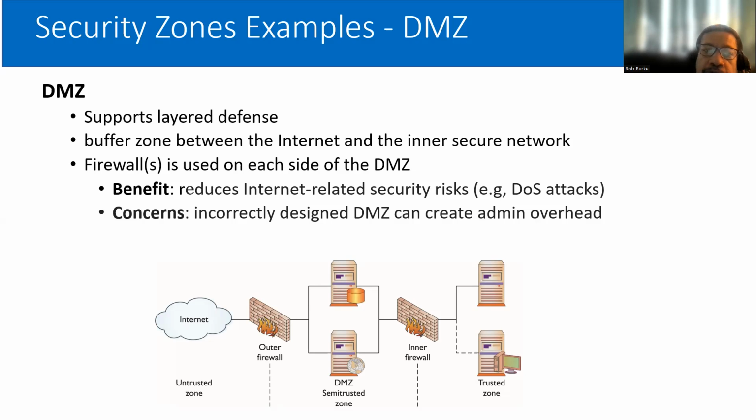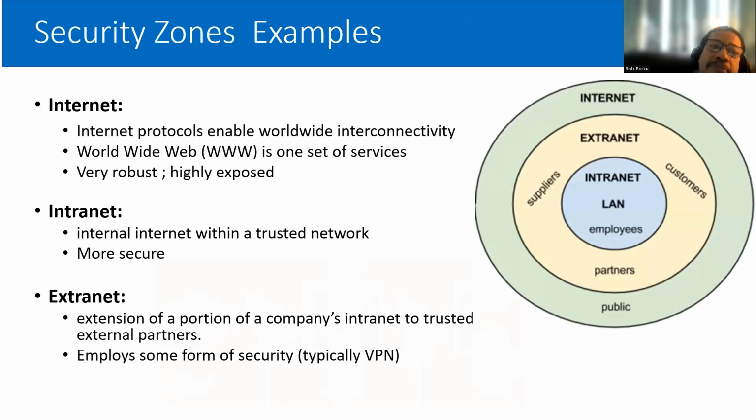Okay. Frequently deployed firewalls are what are used to build the DMZ. And we'll show you some examples of DMZs here. For example, we know what the internet is. That's the very robust, interconnected world of servers out there that anybody can get to, highly exposed.